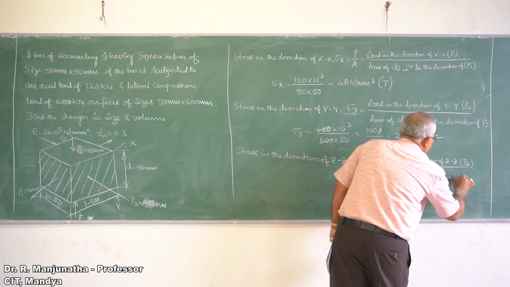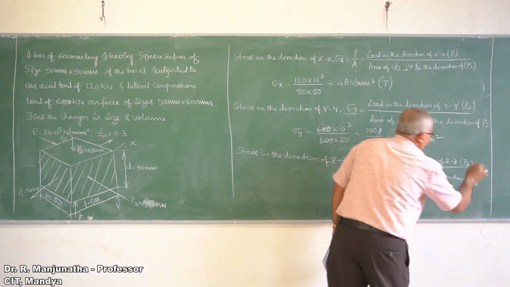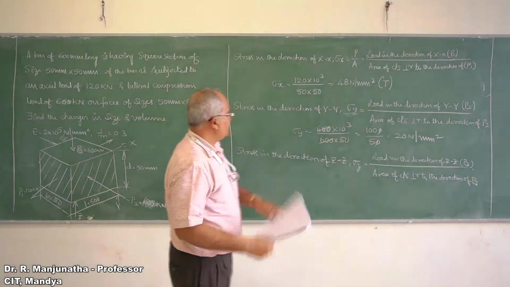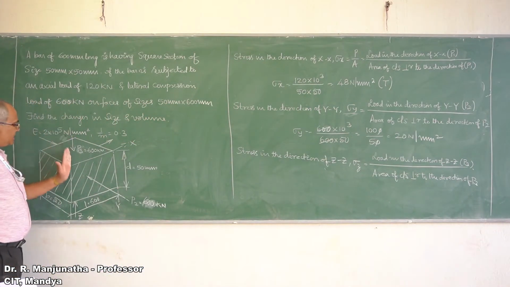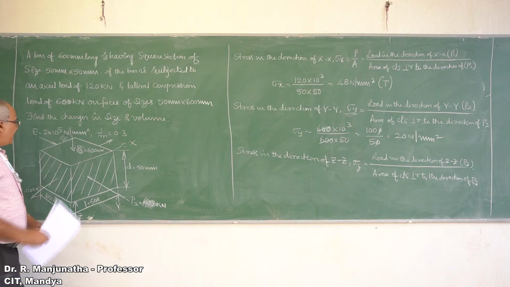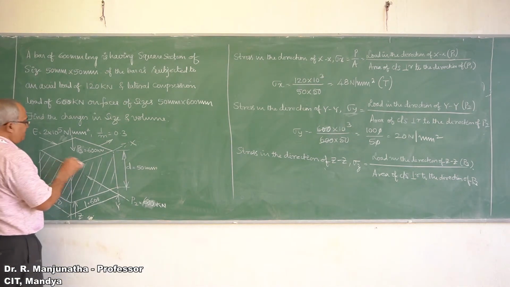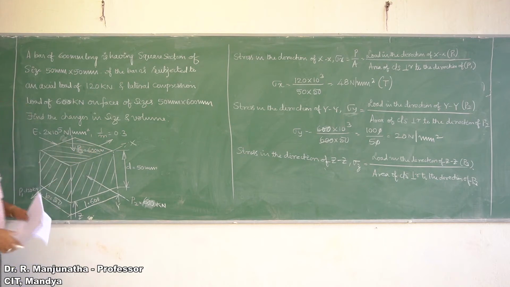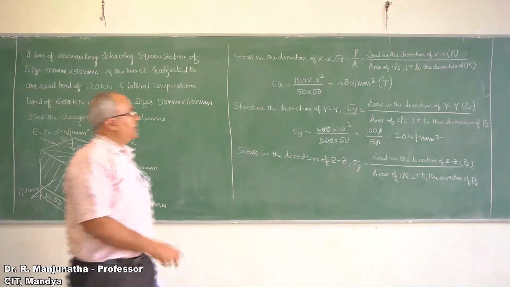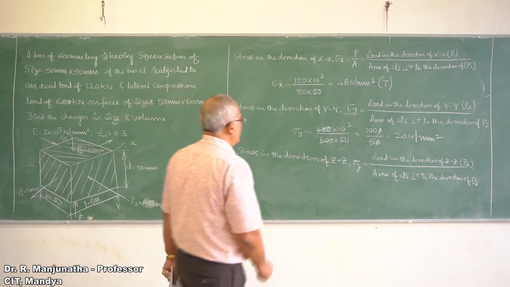So the load in the direction of zz divided by the area of cross section perpendicular to it is 600 by 50 again. The load in the direction of zz is 600 kilonewton.